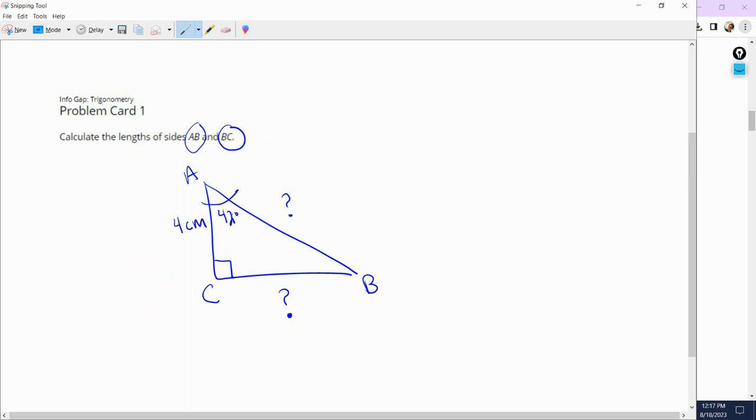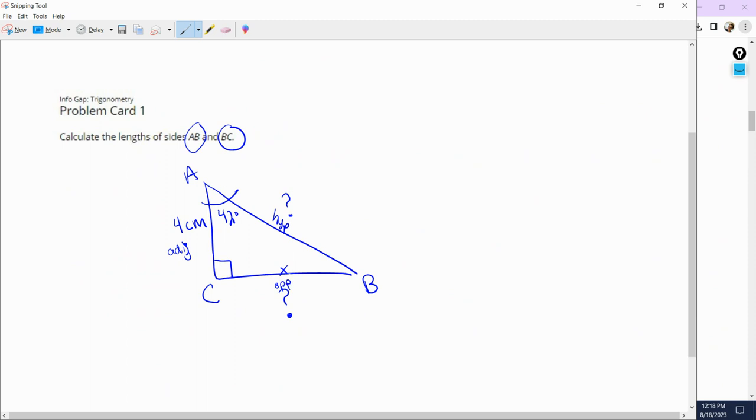I can see that I can solve for my missing sides now. I'm going to call this guy X, and I'm going to go ahead and label my whole triangle based on the angle that I have. I know across from the right angle is the hypotenuse. I know in between the angle and the right angle is my adjacent side. And I know the last side is the opposite. Okay, I can solve for this.